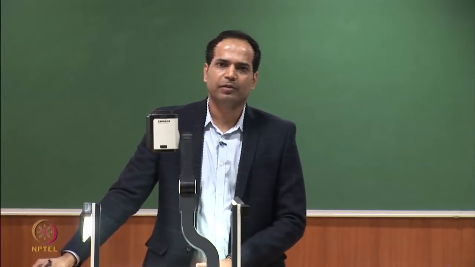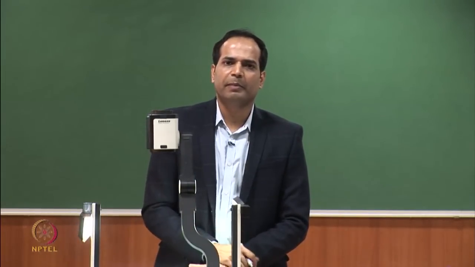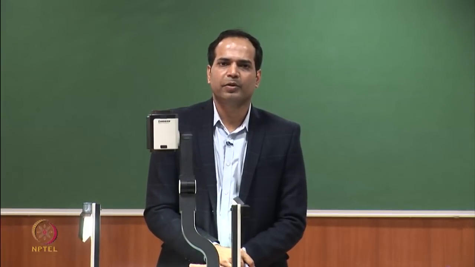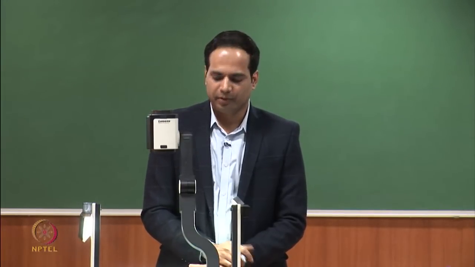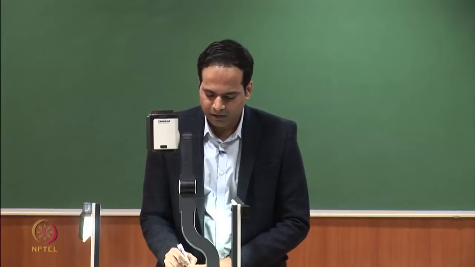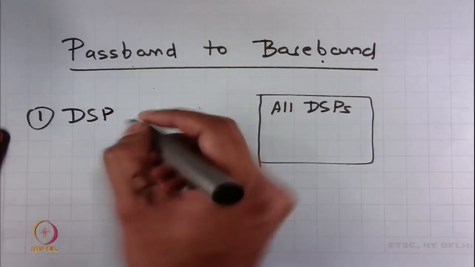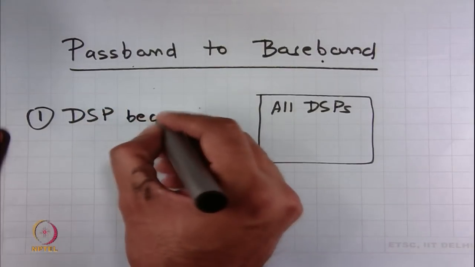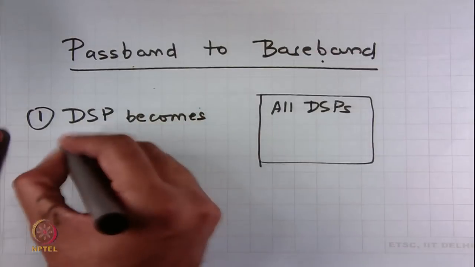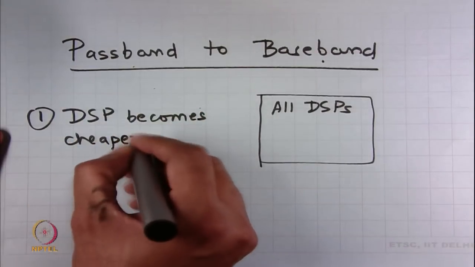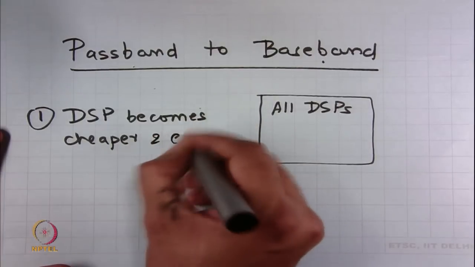Thus, once you do the passband to baseband conversion, the requirement of sampling rates reduces, which makes DSP cheaper. So, that is the first reason: digital signal processing becomes cheaper and efficient.